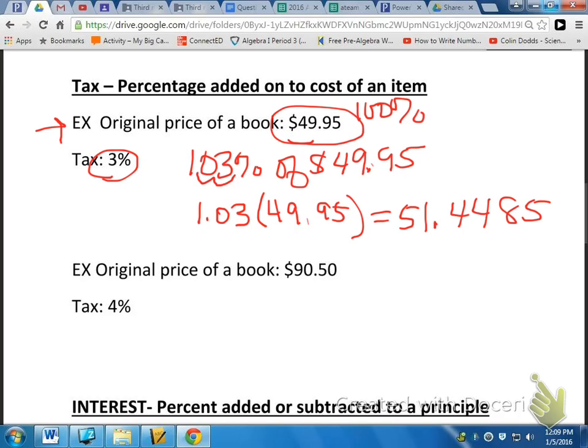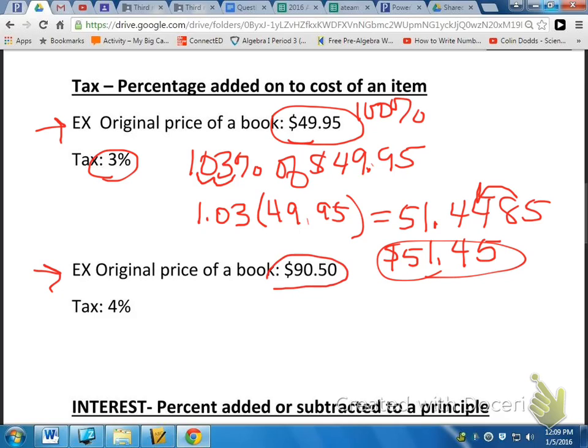But again, we're doing money, so you only need 2 decimal places, and it would be $51.45 because the 8 would tell the 4 to go up. Do you think this one's easier?